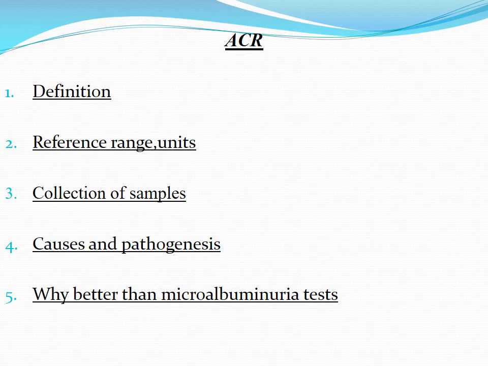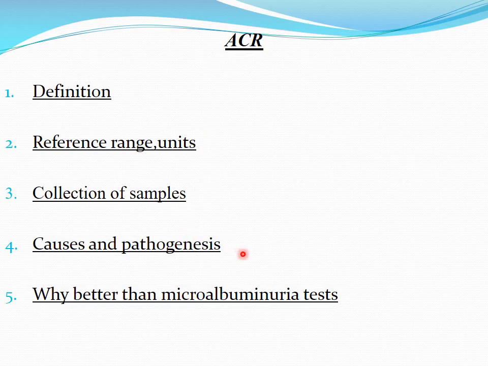For the collection of samples for microalbuminuria, we used to take a 24 hour urine sample, which is ideal, but for ACR we may also shift to a spot sample, the random sample. Preservatives are not required, and ACR is more preferred to microalbumin. Can you say why?